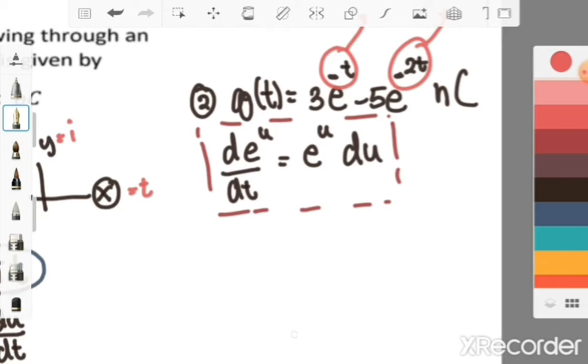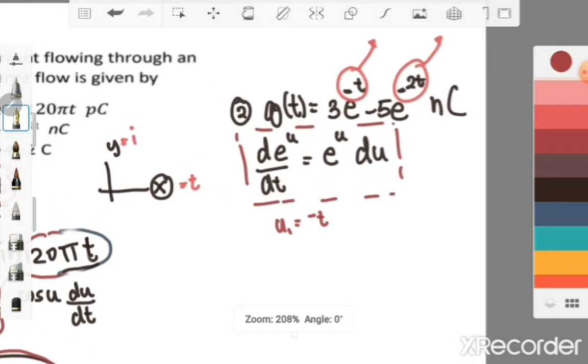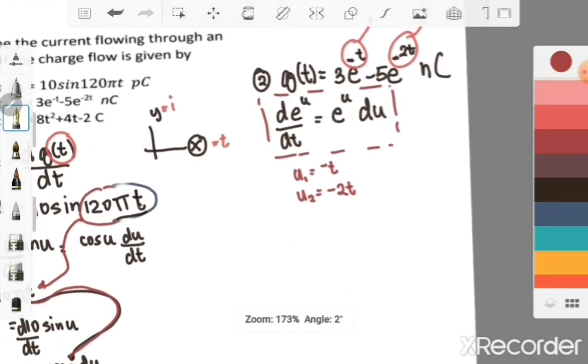So at this example, I will indicate u1, which is equal to negative t, and u2, which is equal to negative 2t. Okay, let's start.